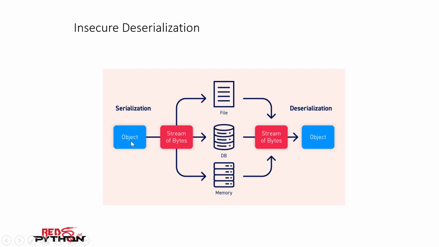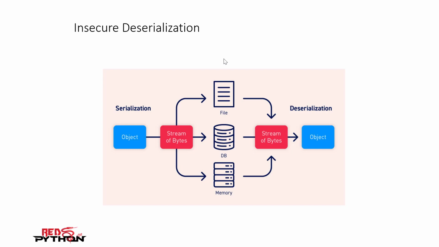An object here can be a PHP form, for example, so you need to convert it to a stream of bytes in order to store it. Deserialization is the opposite operation: transforming a stream of bytes, or data in JSON or XML format, back to an object.